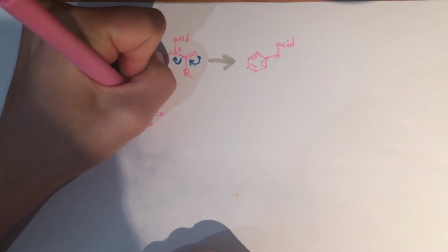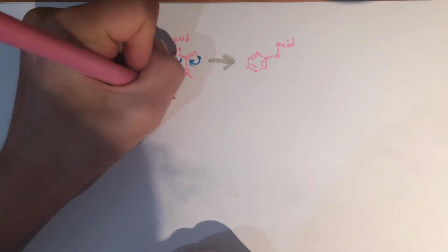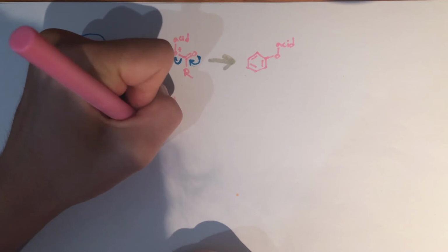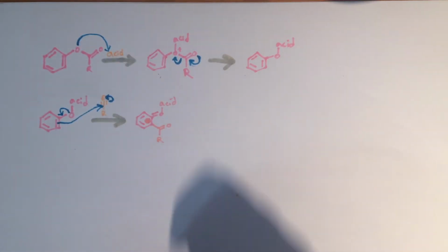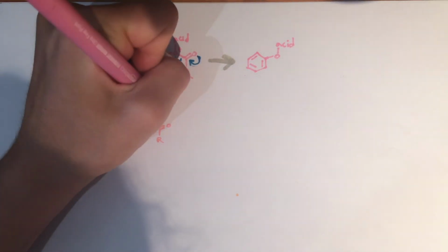So now we have a double bond on the oxygen, and the acid is still attached. And we now have a new ketone group attached here. Oh, and this is positively charged.